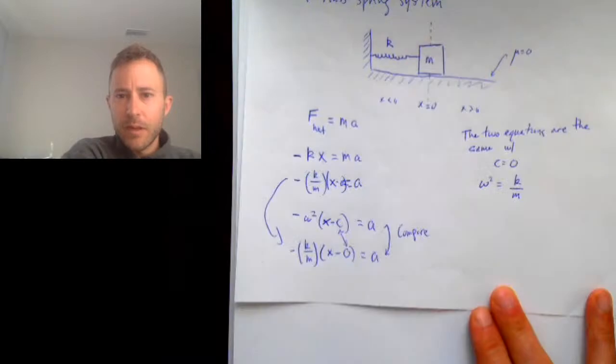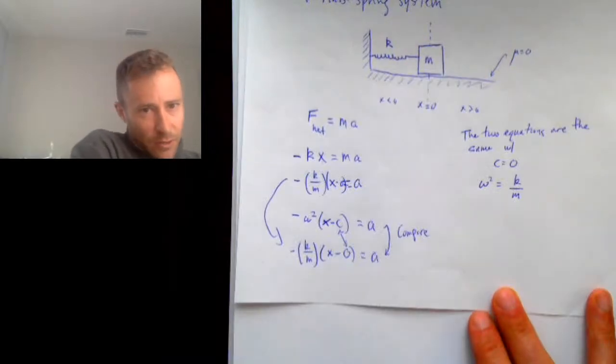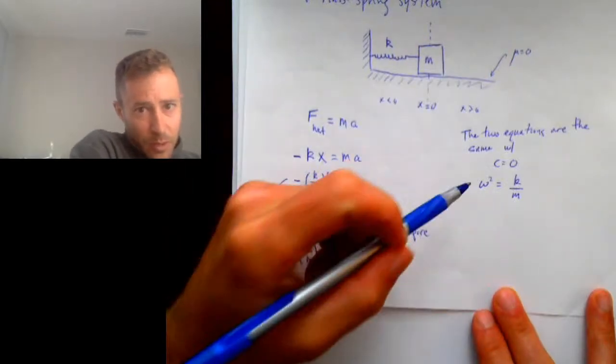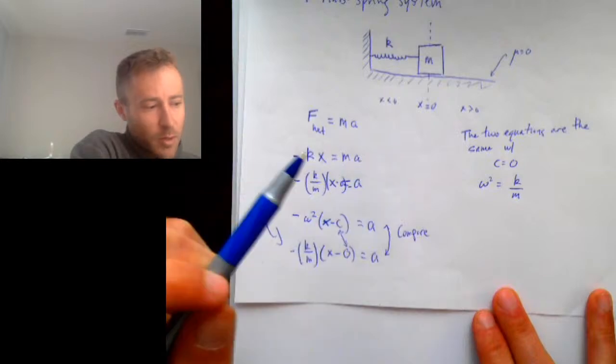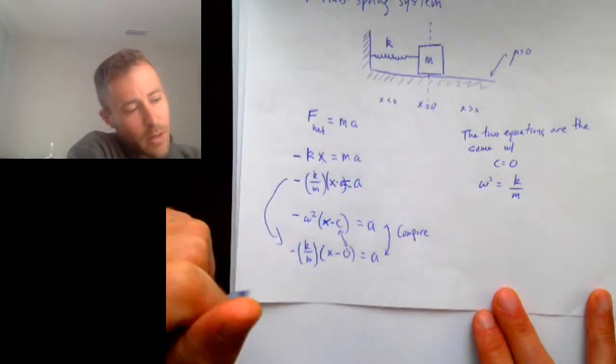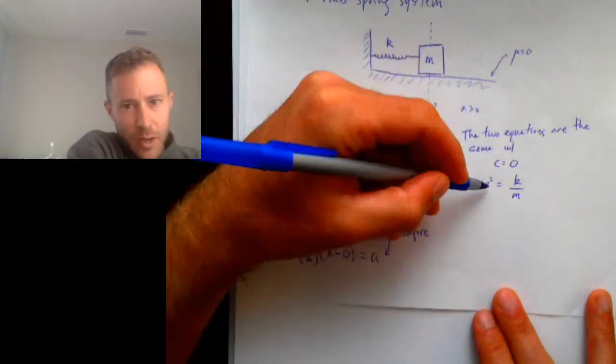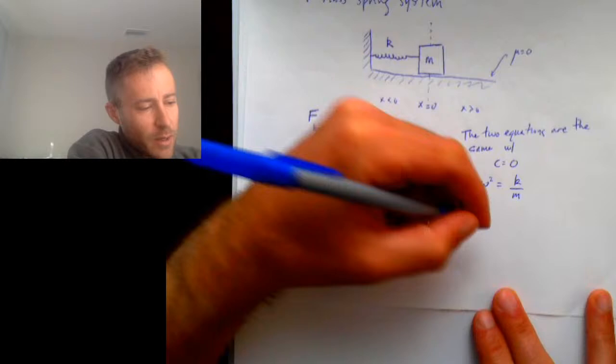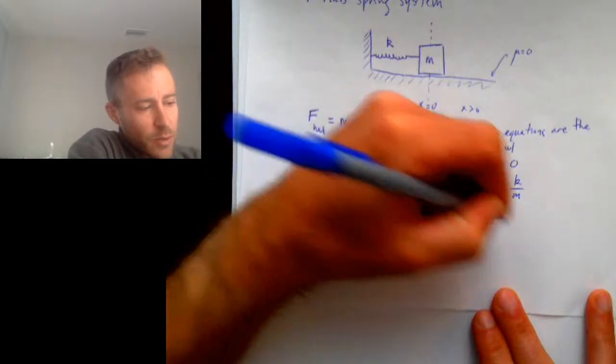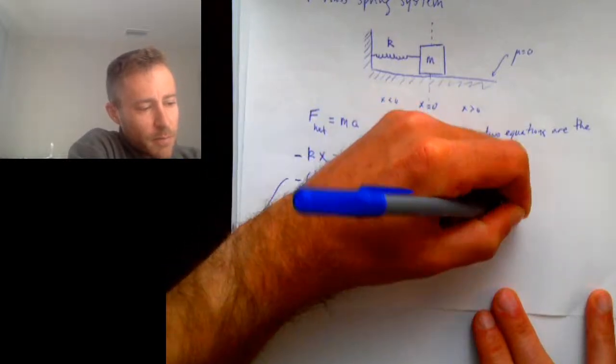All right. So this is actually going to tell us what the period of the simple harmonic motion will be. Okay. So if we take the square root of that, we get omega is square root of k over m.